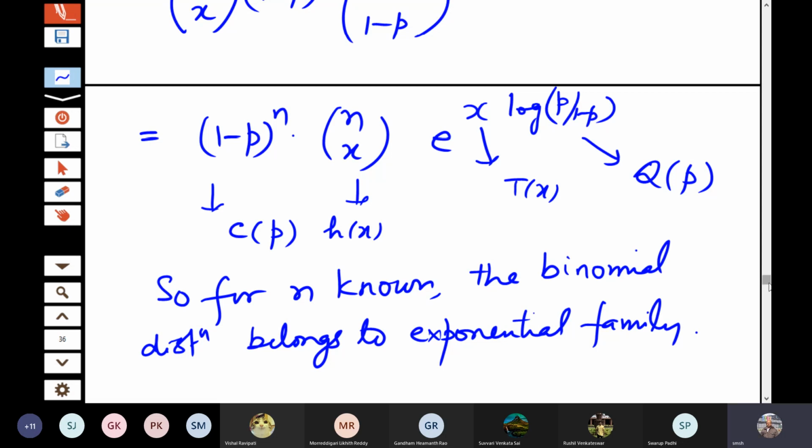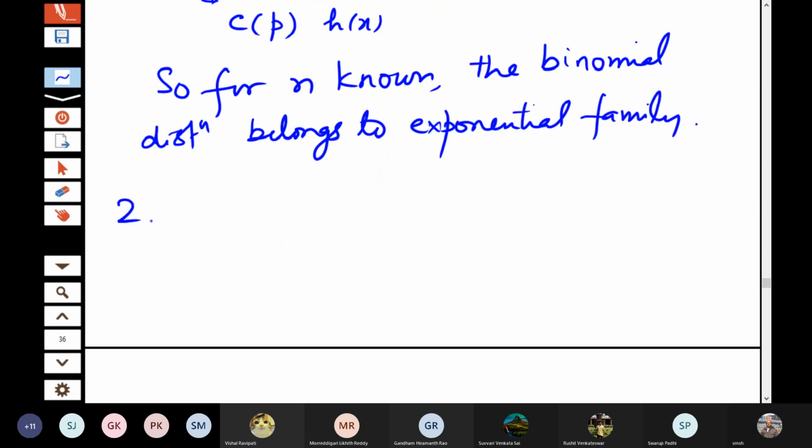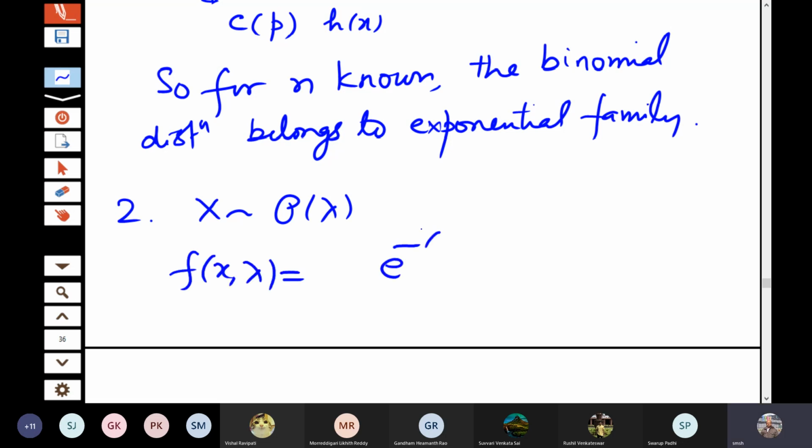Let us take another example here. So I am taking, say, the Poisson distribution. What is the probability mass function of the Poisson distribution?